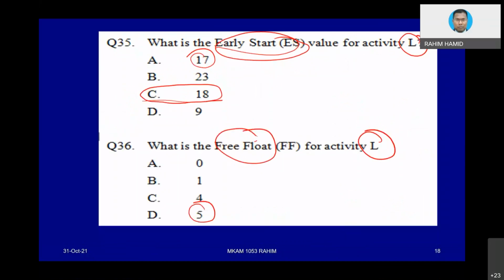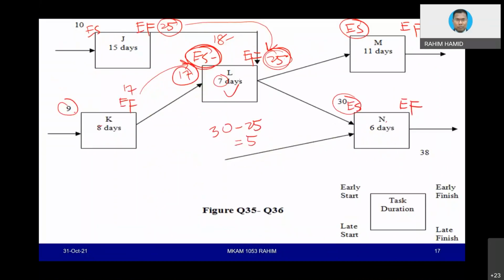But because L does have a connection with M, the early start of M would be equivalent to 25 as well, because it is finish to start. When you take into account the free float between L and M, the difference, 25 minus 25, is equivalent to 0.